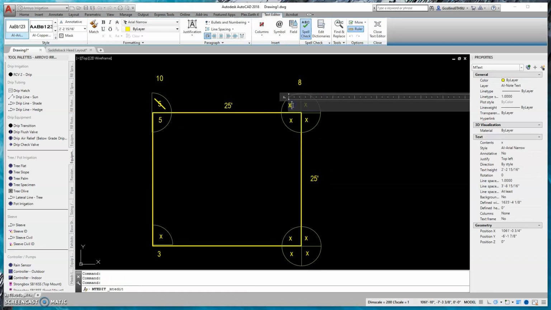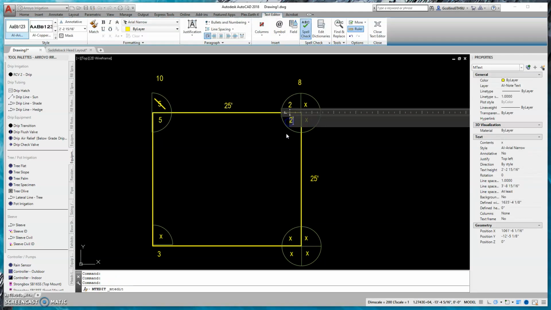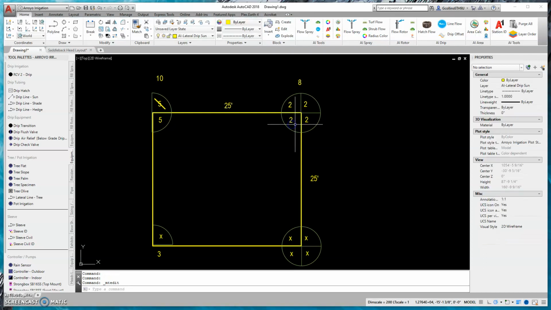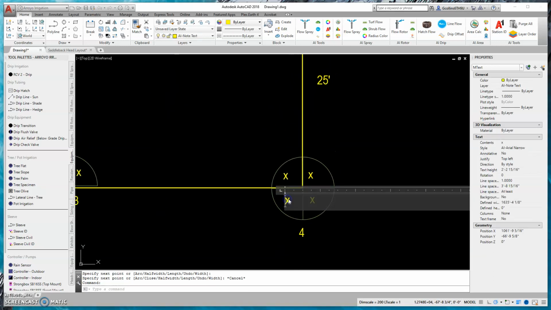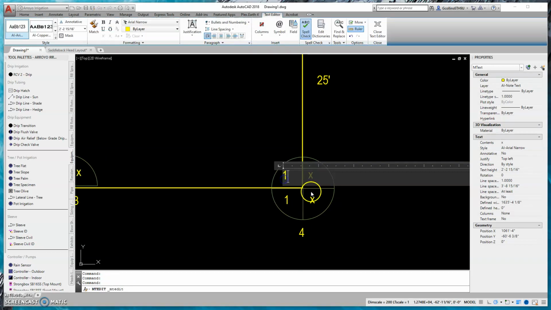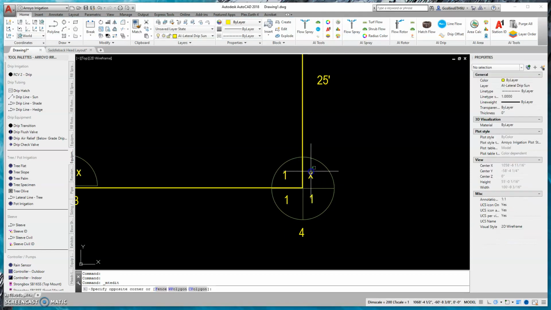The 8 is going to be 2, 2, 2, and 2. And I don't care what's shooting outside, only inside. Then this quadrant's going to be 1, as each one adds up.